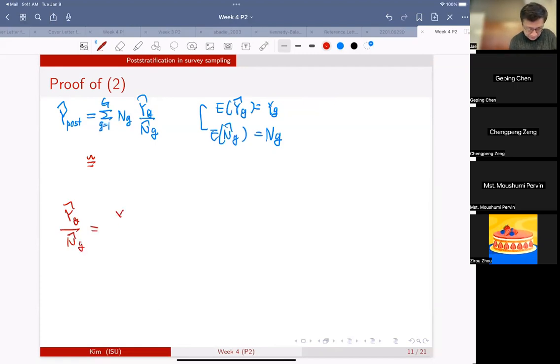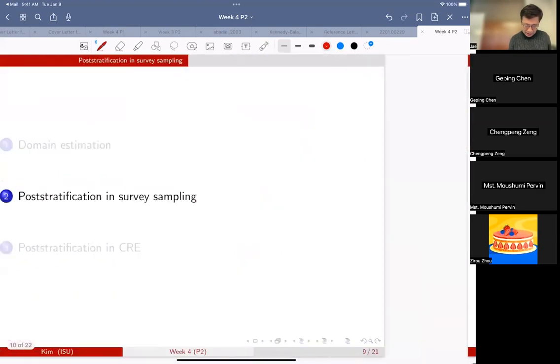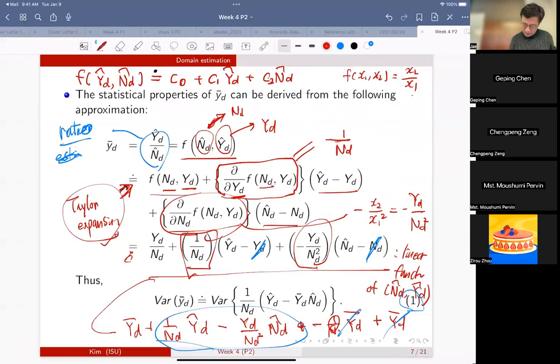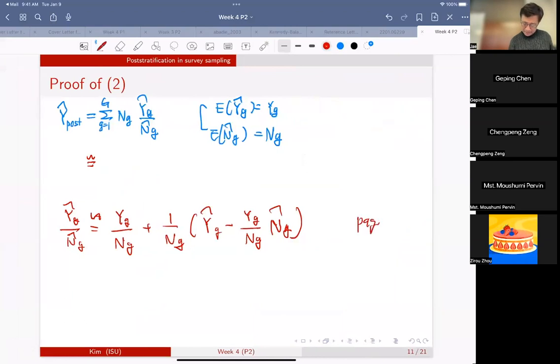So what is this? So that is what we derived in the previous slide, page 7. So we derived this already. So we just plug in.